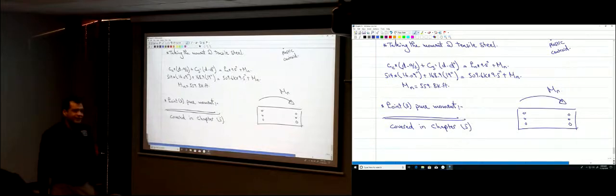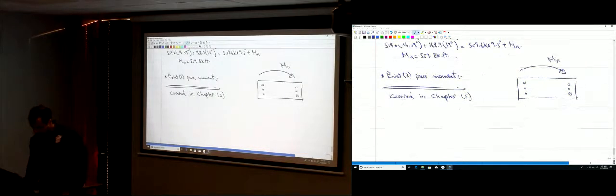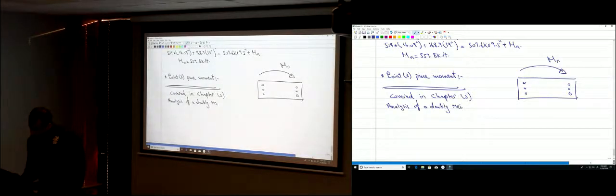So this is an analysis problem of a doubly reinforced section, like the one you had on the test. You just need to find Mn that can be resisted by this section.